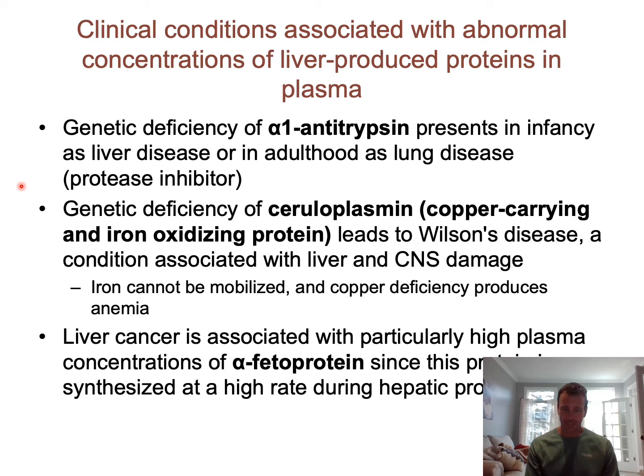Genetic deficiencies of a protein called ceruloplasmin, which is a copper-carrying and iron-oxidizing protein, can lead to a condition called Wilson's disease, which is associated with damage to the liver and the central nervous system. Basically what happens is iron can't be metabolized correctly, and copper deficiency produces anemia.